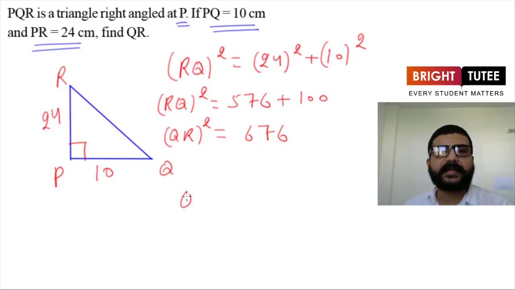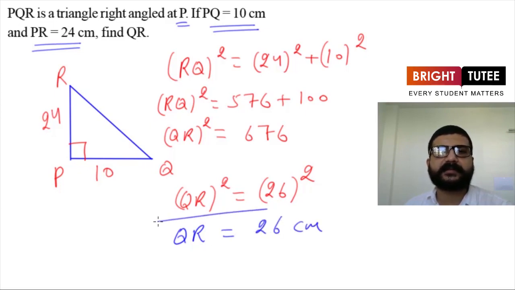So now we are getting QR square is equal to 676 which is equal to 26 square. Now from here we will get the value of QR. So QR will be equal to 26 centimeters. So the final answer to this question will be 26 centimeters.